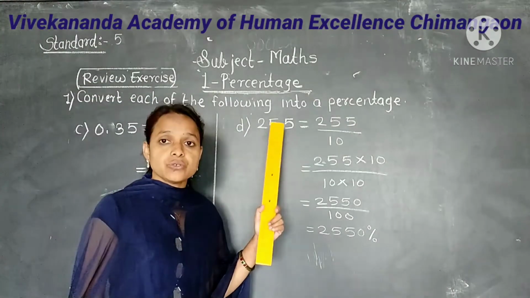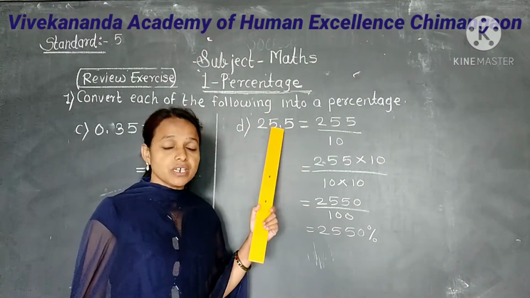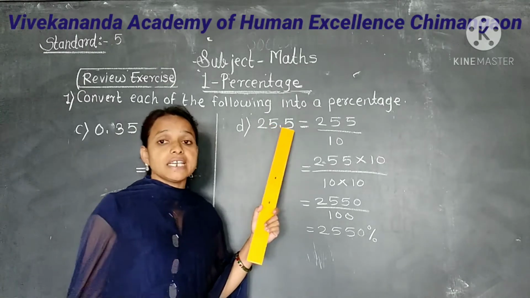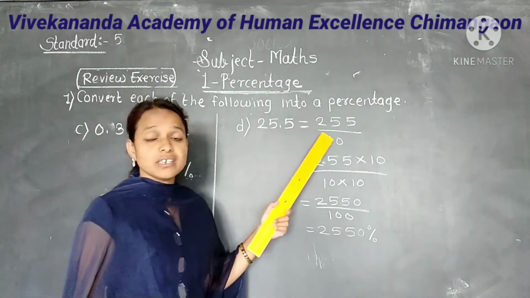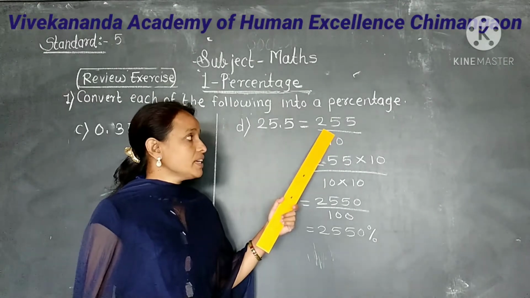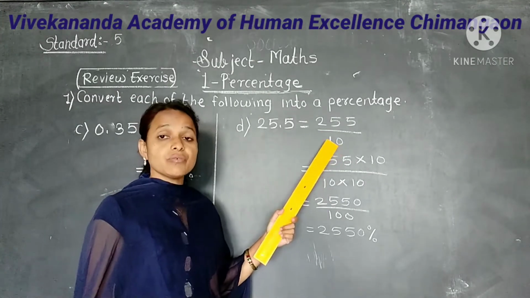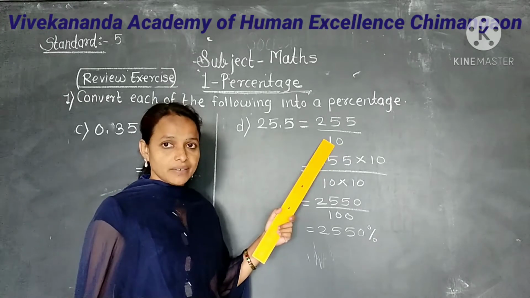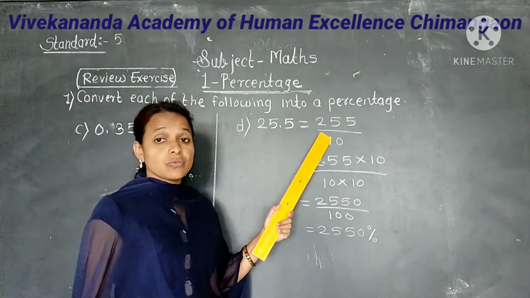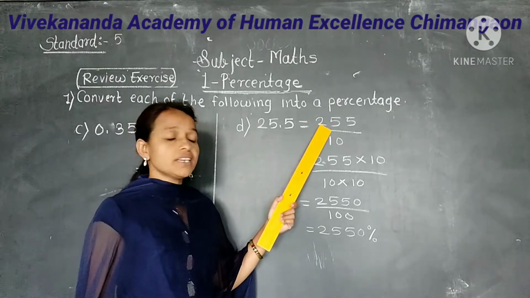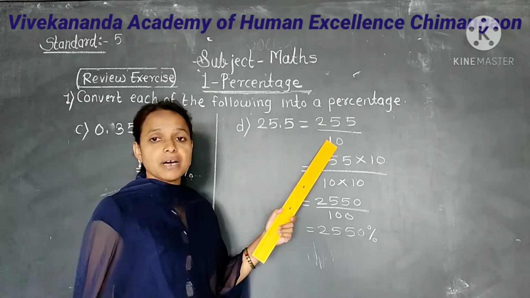25.5. So this is a decimal. So we first convert 25.5 into fraction. So we get it as 255 upon 10. But students, we want here denominator 100. So 10 tens are 100. So we want to multiply numerator by 10 and denominator by 10.